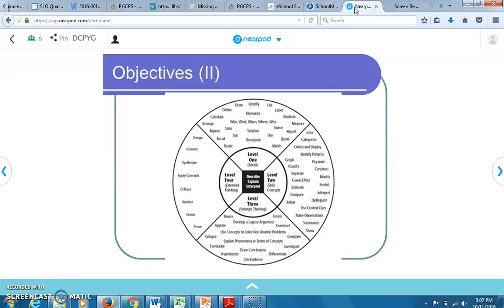So, level four says extended thinking. So, design a new chairlift for a population of 100 that needs to be handicap accessible for people in wheelchairs for a certain reason. You know, it's that extended thinking sometimes.